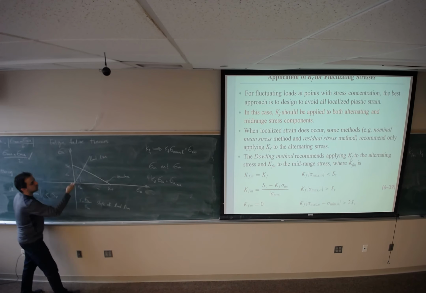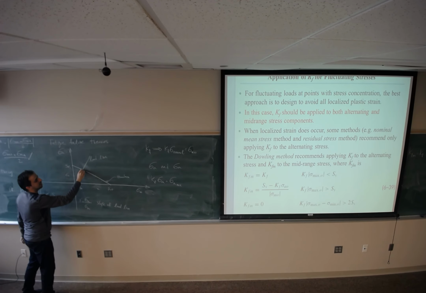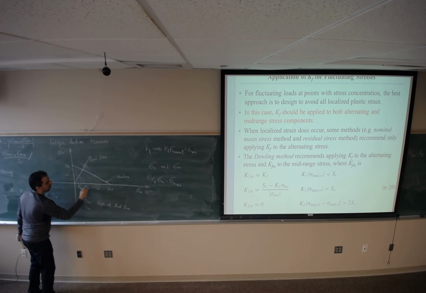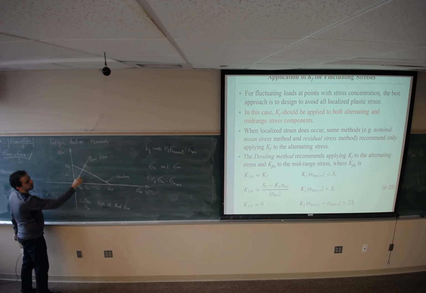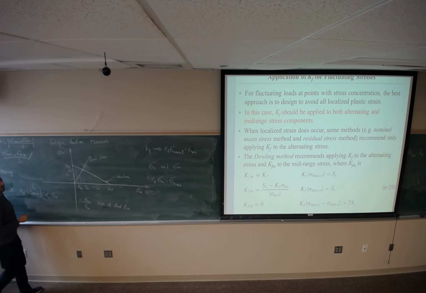If you draw this line and extend it and find the intersection with the Goodman line, the intersection on the x-axis is going to be called SM, and on the y-axis is going to be called SA.